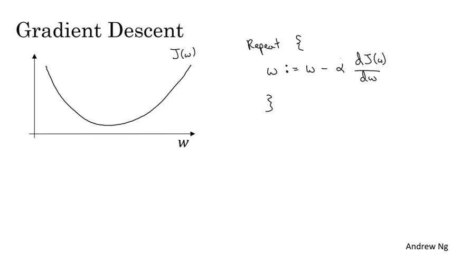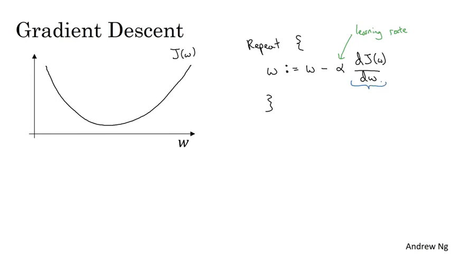So a couple points on the notation. Alpha here is the learning rate and controls how big a step we take on each iteration of gradient descent. We'll talk later about some ways for choosing the learning rate alpha. And second, this quantity here is a derivative.